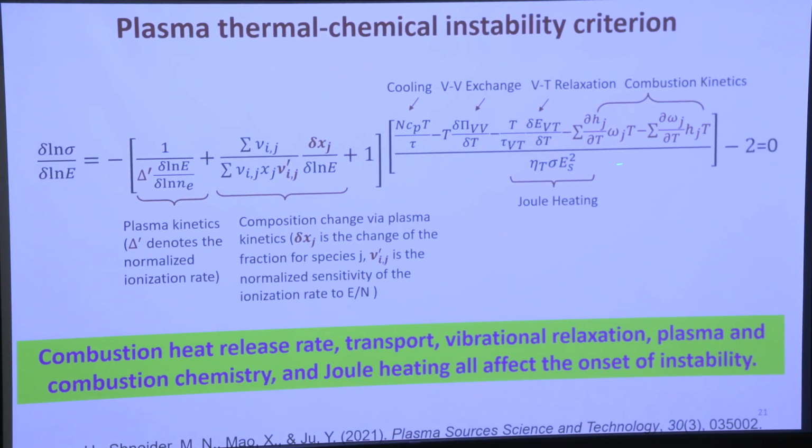And the whole thing minus 2 equal to 0 means neutral stability. So this basically says that combustion heat release, vibration relaxation, and plasma chemistry coupling with combustion in this term are all going to affect the onset of instability.